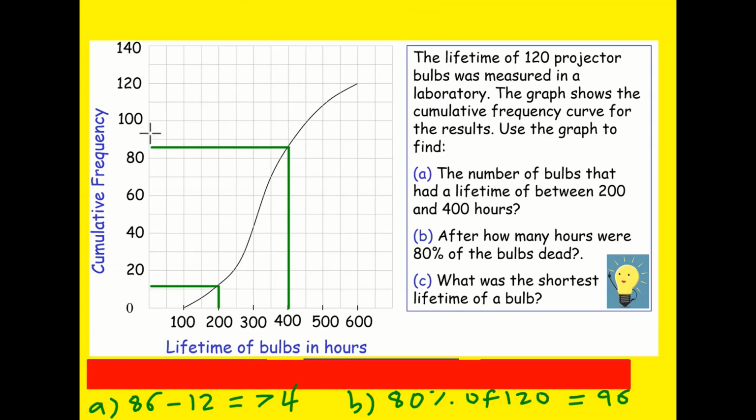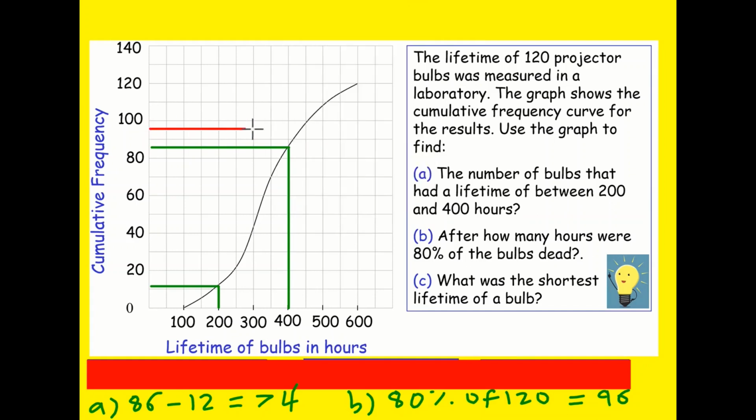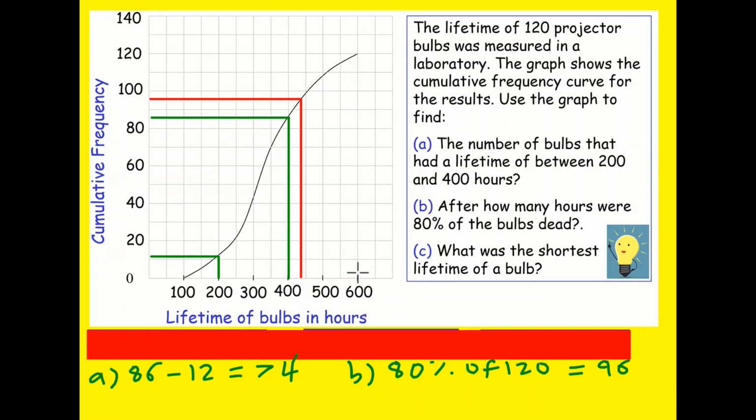So 96, we've got 90, we're going to get a bit above it. 90, 96. So before this, I'd lost some of my bulbs at this point, but the point where I've got 80% of the bulbs dead is going to be here. And I think it's going to be 440, thereabouts.